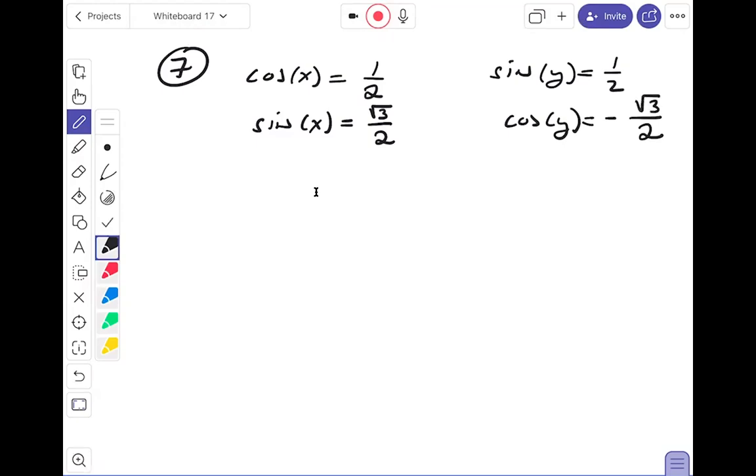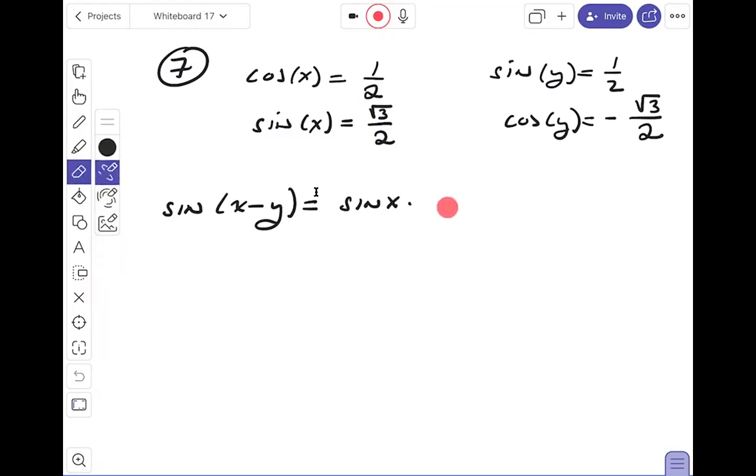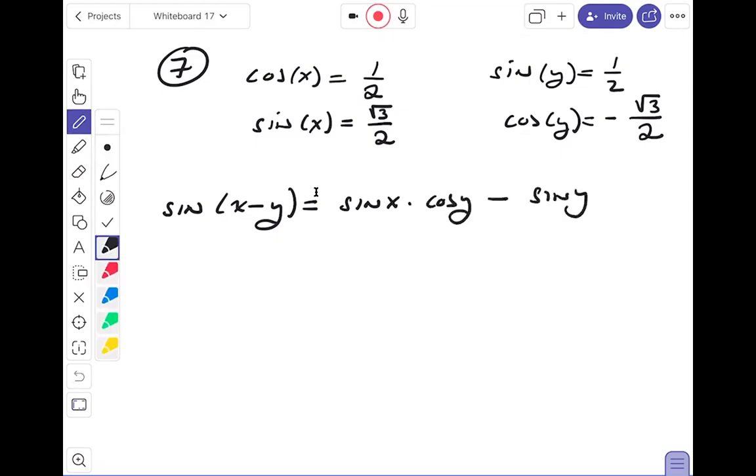All right. Now, what's their question? Their question is, what's the sine of x minus y? Well, it's going to be sine of x times cosine of y minus sine of y cosine of x. I'm sorry, I keep doing that. I'm just not thinking. Well, let's write this down.